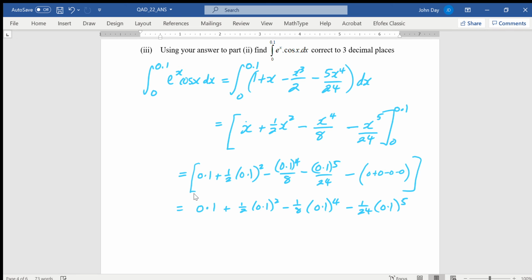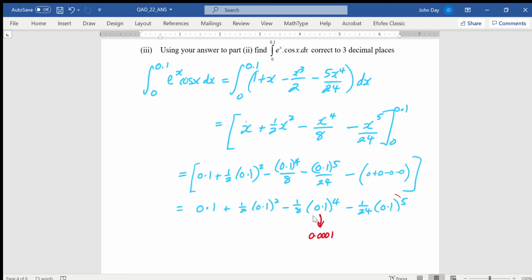Now, if you look at 0.1 to the power of 4, you get 0.0001, right? I'll just point something out here. If I'm only caring about 3 decimal places, that may or may not affect it, depending on whether I multiply that by a number big enough to affect it.